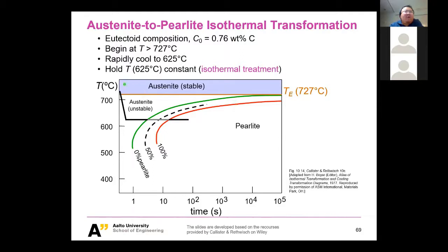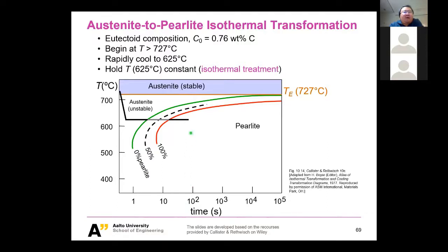For example, I have my steel starting from austenite and I want to get full pearlite. So you try to cool it down to a certain temperature, let's say 600 something, and then you just hold it. This is why it's called isothermal transformation. So the temperature does not change.